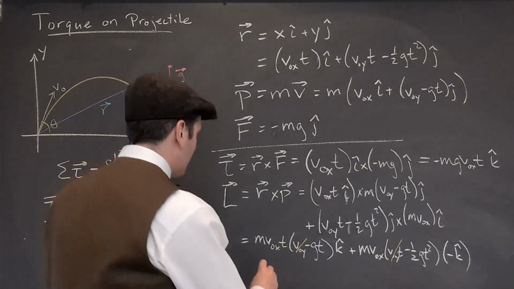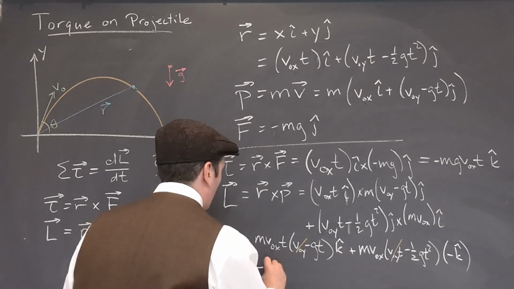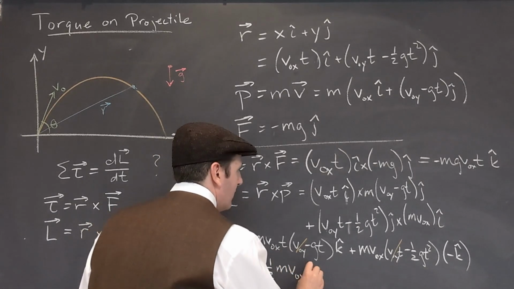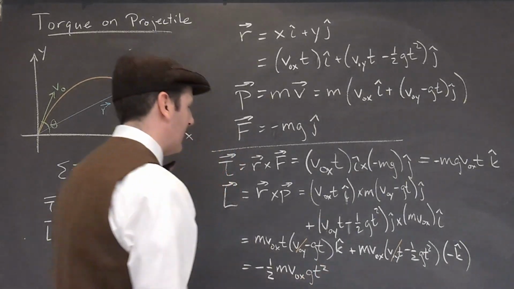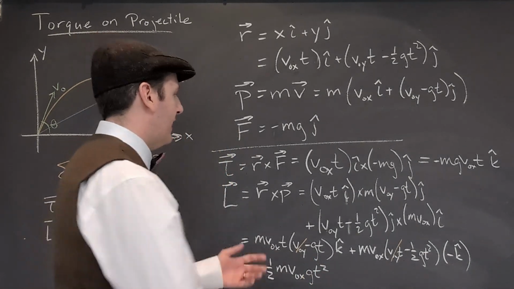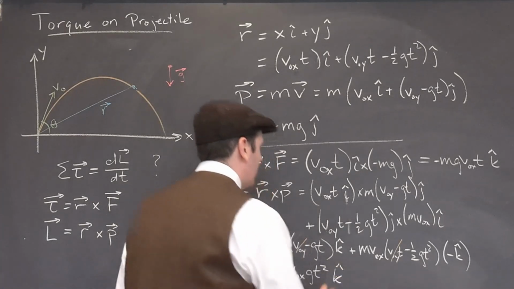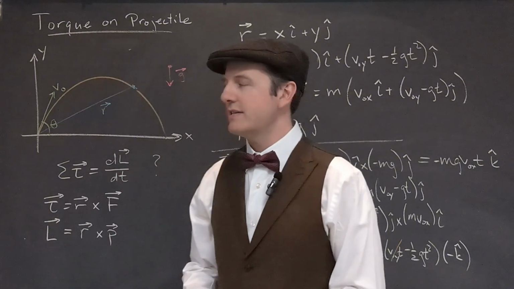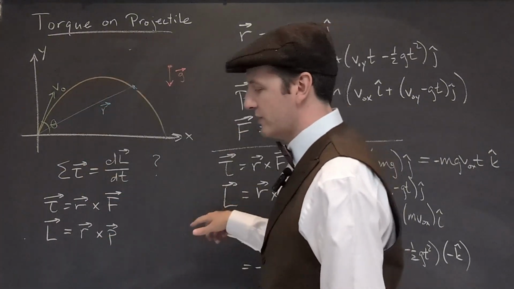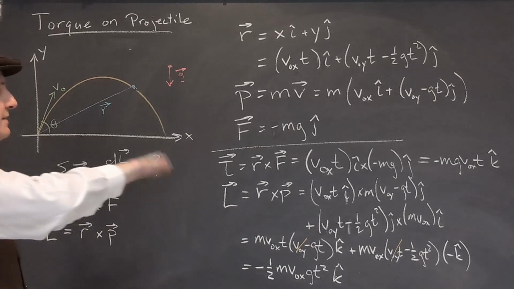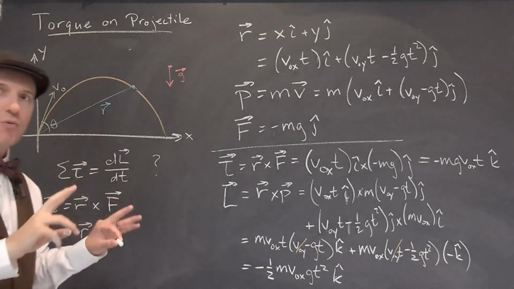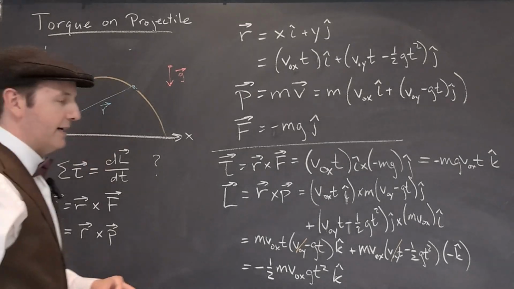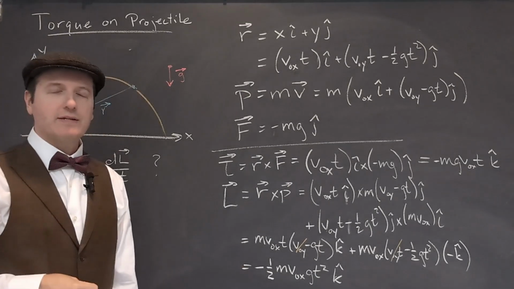So my overall result will be negative 1/2 m v naught x, and then I'll put a g t squared at the end like that. And it's in the k hat direction. So the angular momentum is in the negative k hat direction. That's not too surprising either. As this thing curls away from the origin, it's more or less turning, if you want to call it that, in the clockwise direction, which would be a negative component of the angular momentum.